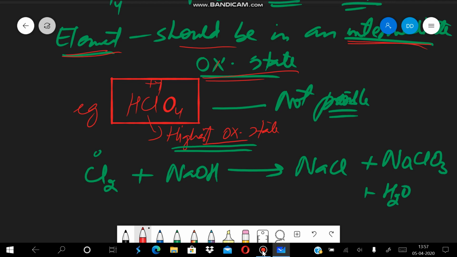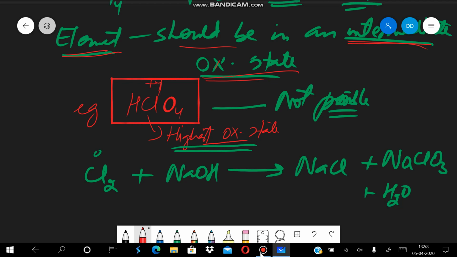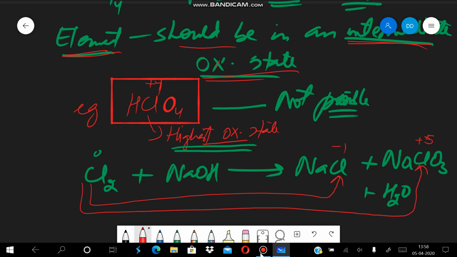Now in this case, the chlorine is undergoing both decrease in oxidation number and increase in oxidation number. Because chlorine was in an intermediate oxidation state, that is 0, from where it can undergo both decrease in oxidation number and increase in oxidation number, therefore the disproportionation reaction is possible.